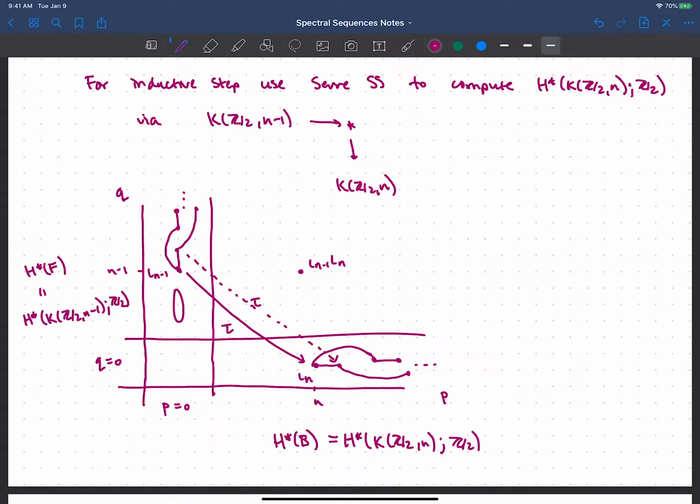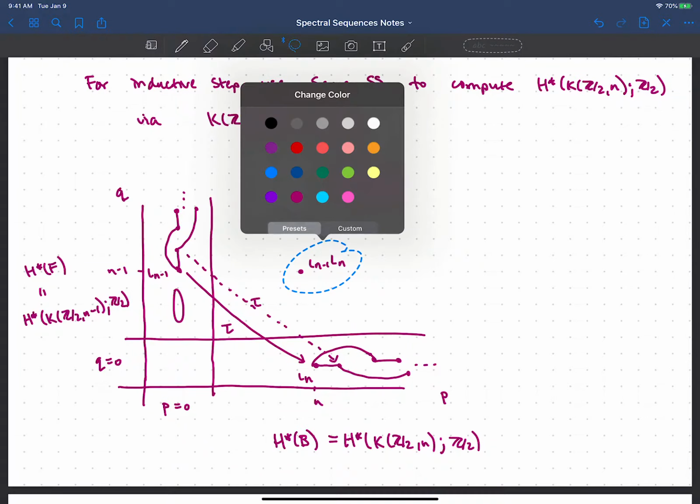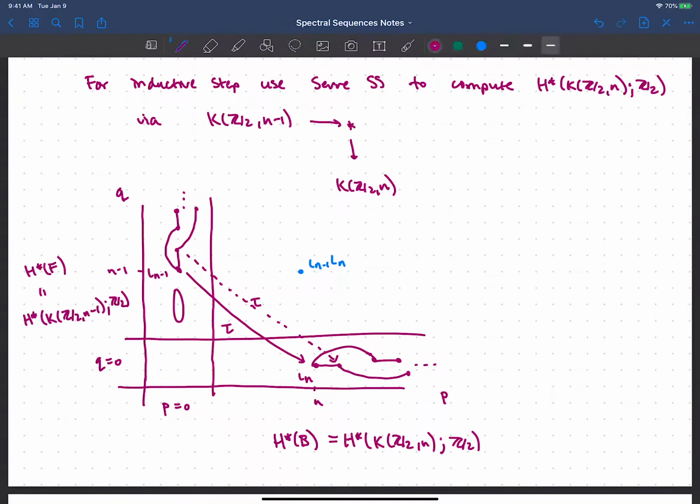Okay, so I've got this tensor product here, but now I also can use my Leibniz rule to see that the differential on that has to come and hit iota n squared, right? Just use that Leibniz rule.